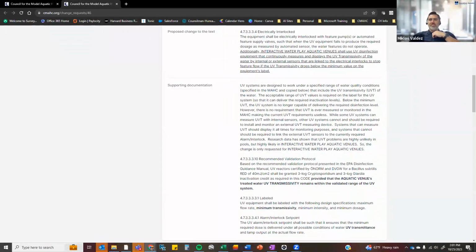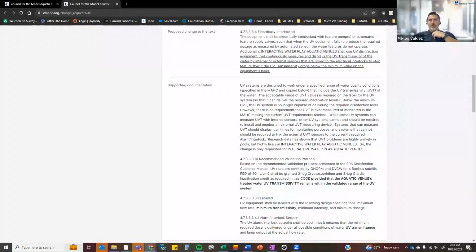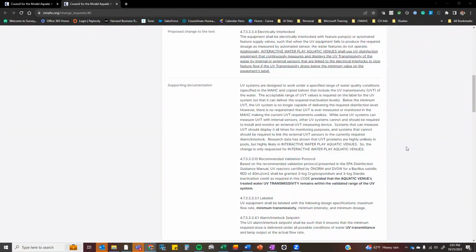How easy is it for facilities to comply with this UVT requirement? We could require both the dosage, which is already required as listed above, and then just simply add UVT. It won't be as complicated below.